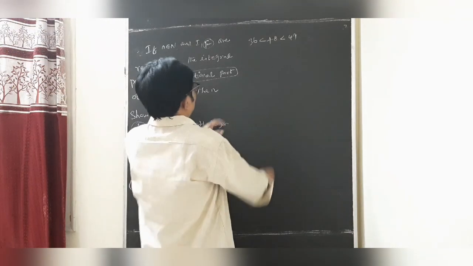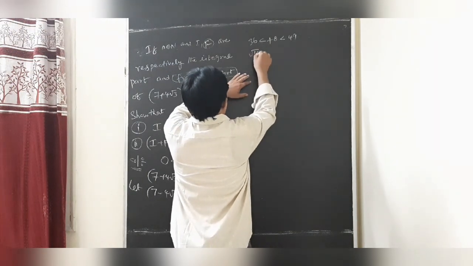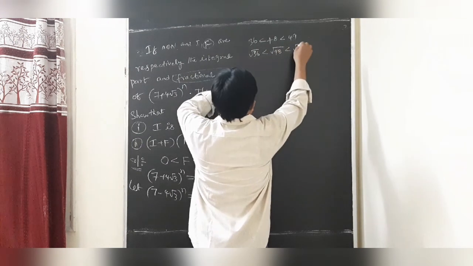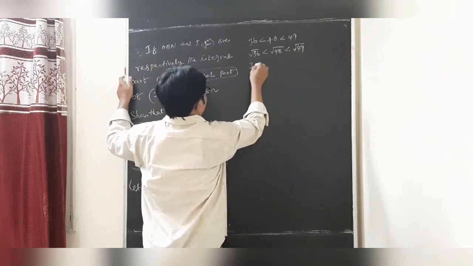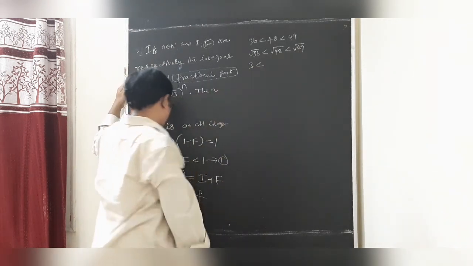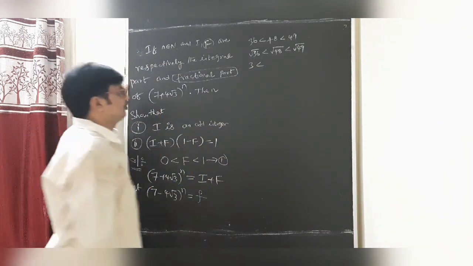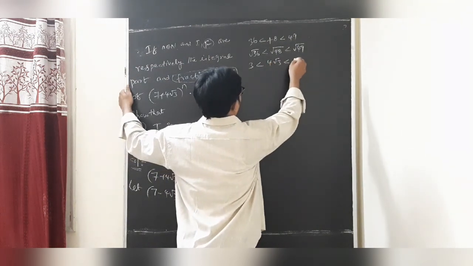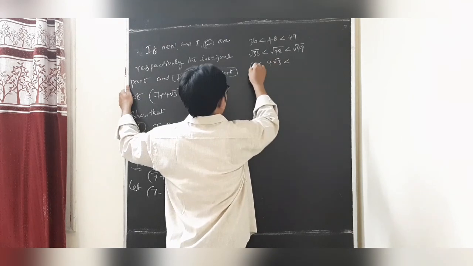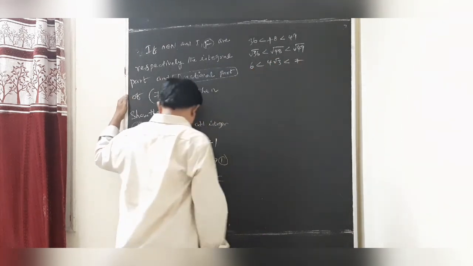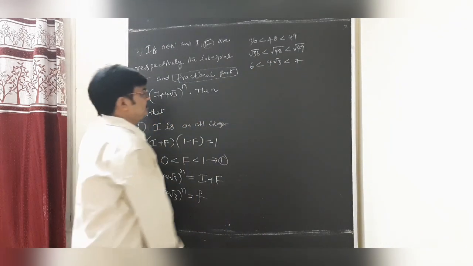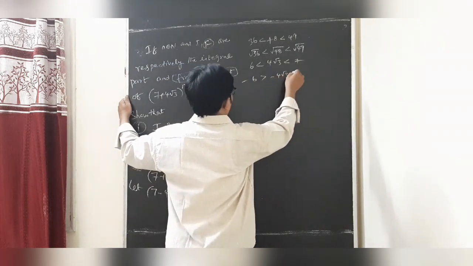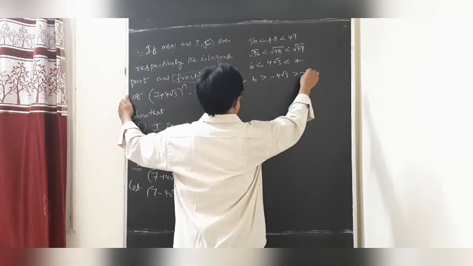So students, taking square roots: √36 < √48 < √49, that is 6 < 4√3 < 7. Here the minus sign is there, so dear students, −6 > −4√3 > −7.